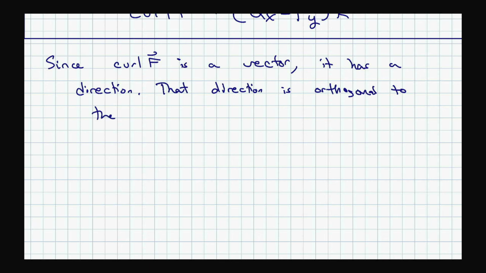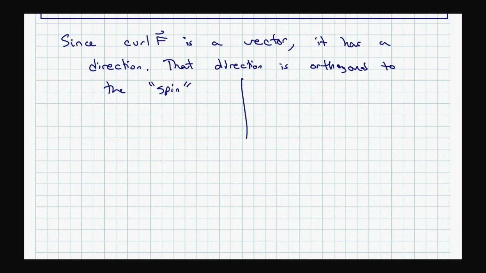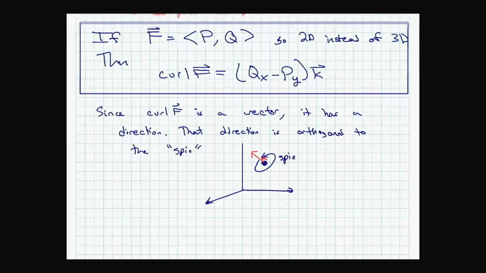to the spin. So like if we're looking in three dimensions here, okay, I'm not going to draw a vector field. I'm just going to draw like a point in space. So like let's say you have here, and then like let's say an object here is spinning like this. Okay, so that's like the spin. Then your curl would be pointing like 90 degrees away from that. So that's what you're calculating, which is why your curl F here is pointing in the K direction when you're only in the XY plane, right?